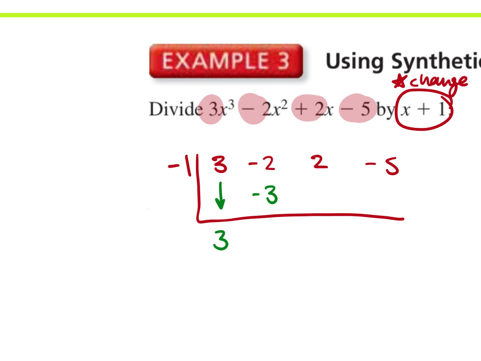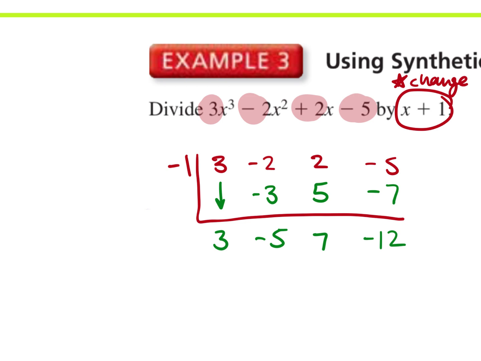Add inside the box. -2 minus 3? -5. -5 times -1? +5. 5 plus 2? 7. 7 times -1? -7. And -5 minus 7? -12.